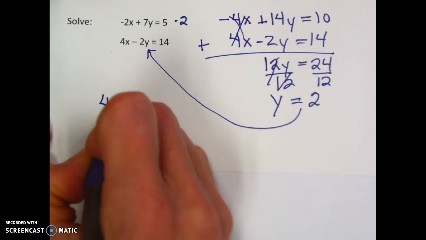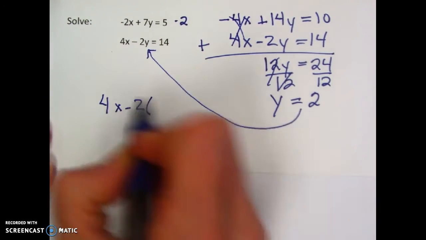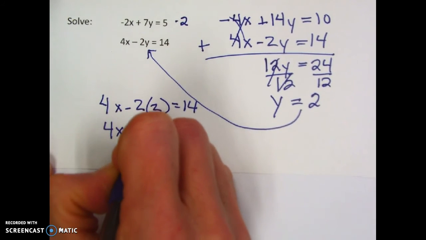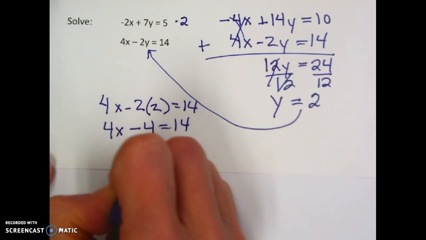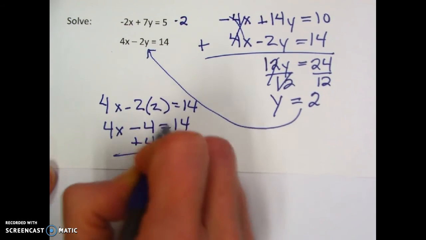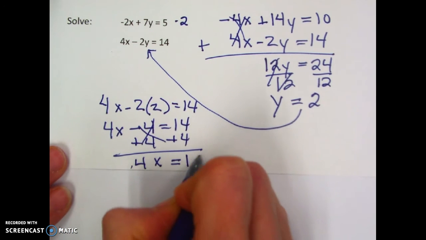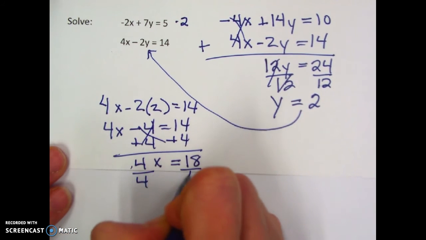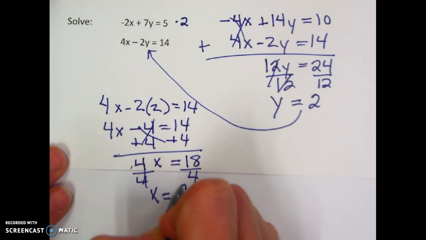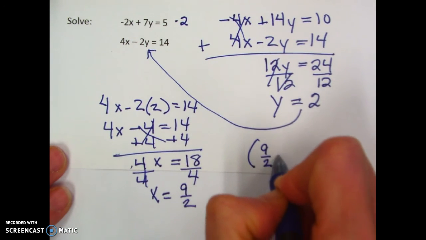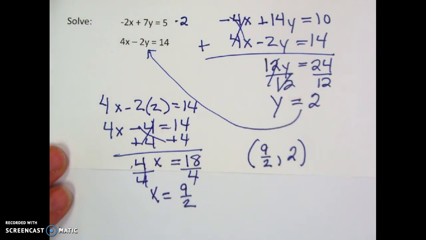So I'll do the bottom equation, 2 in for y, multiply here, add 4 on both sides, and then divide by 4, x equals 9/2. So our final solution here, 9/2, 2.